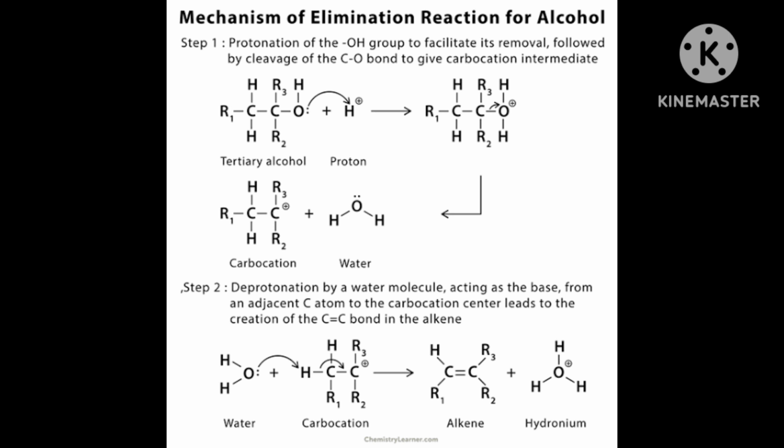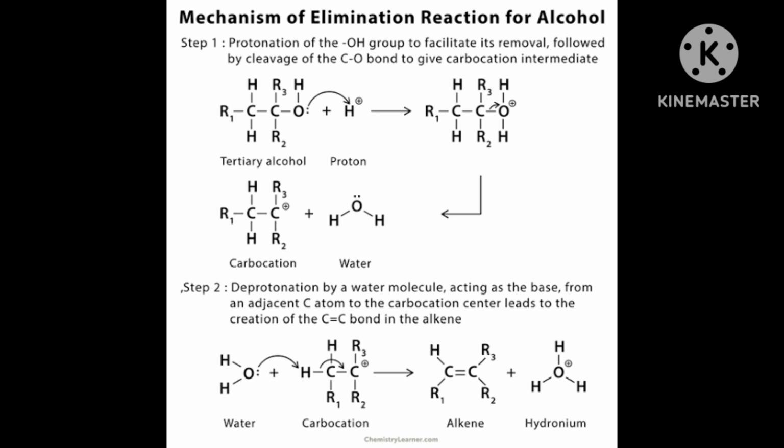Then that carbon will lack one pair of electrons, so it has a positive charge. And when hydrogen went without the electron, that carbon will have 2 electrons. Now see, one carbon has 2 electrons, the other carbon is lacking 2 electrons.